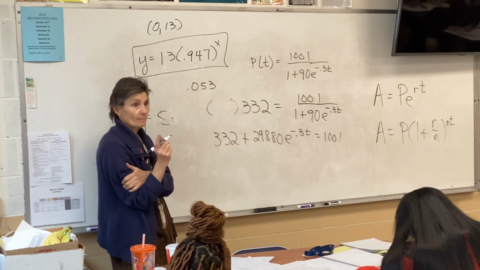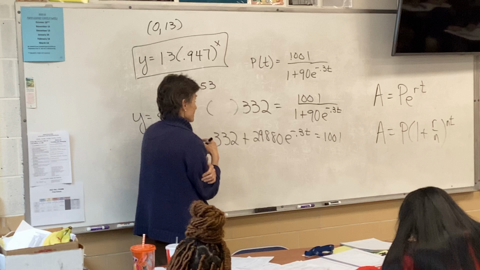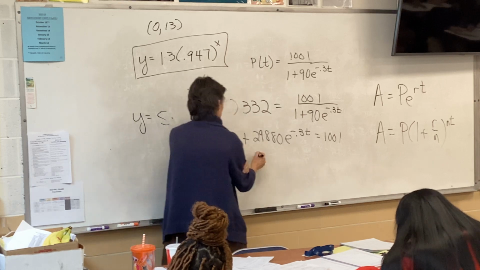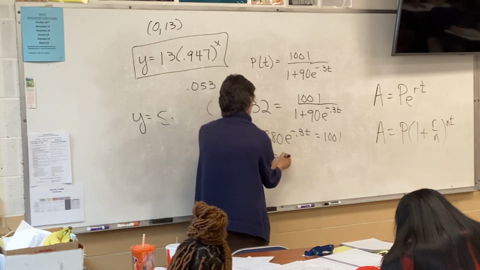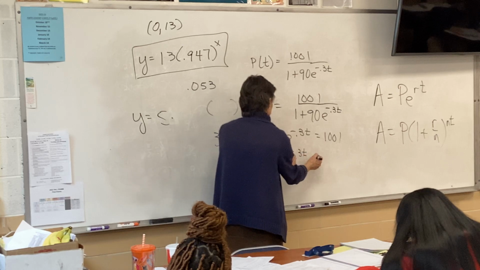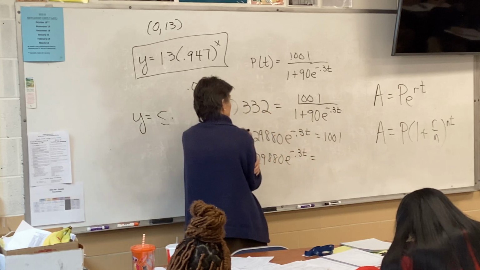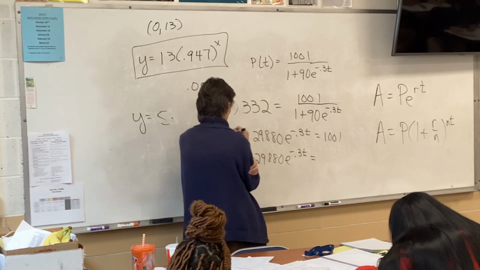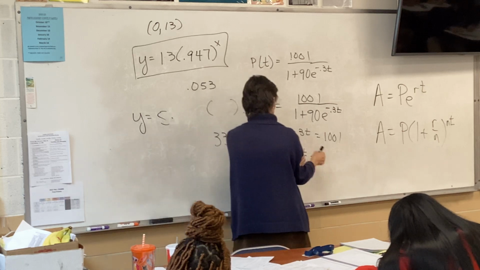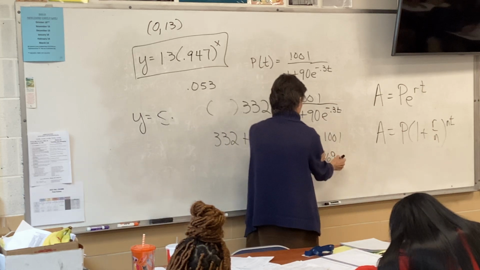Everybody okay with that? Okay, then what? So 29880 e to the negative 0.3t equals, what's 1001 minus 332? 669, okay.